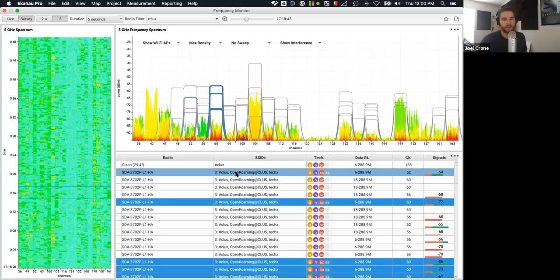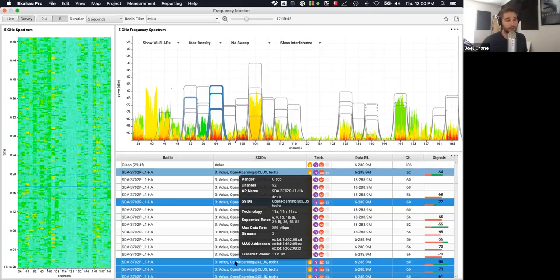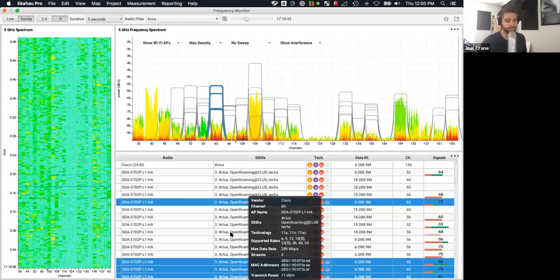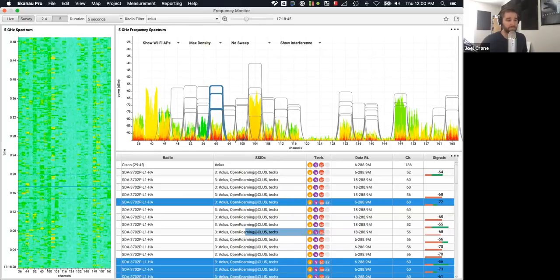Now you can turn on things like band steering. The way I think band steering works with most vendors, if not all of them, is that when an AP hears a probe request from a client device in 2.4 gigahertz, it will ignore the first 2, 3, 4, 5, 6 probe requests in 2.4. It just ignores them, thus encouraging that client device to probe in the 5 gigahertz band, and then it will reply in the 5 gigahertz band right away.